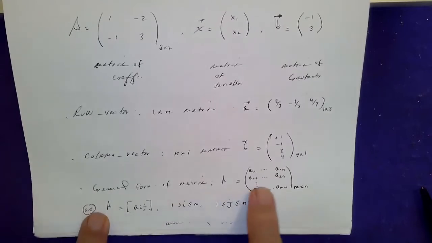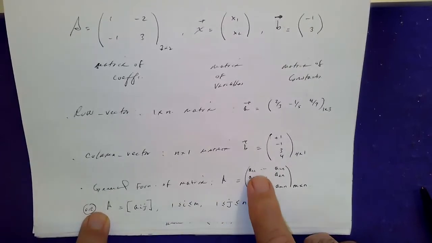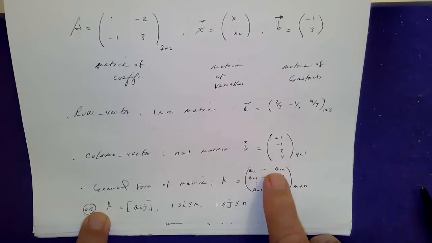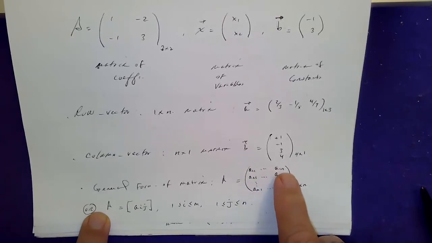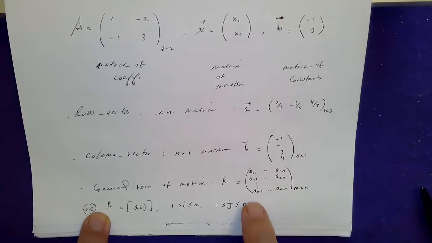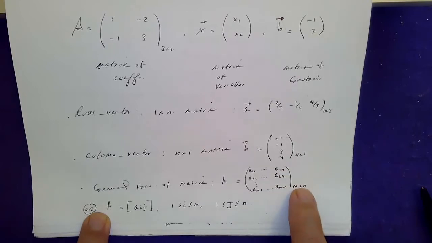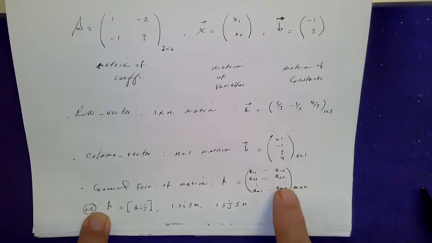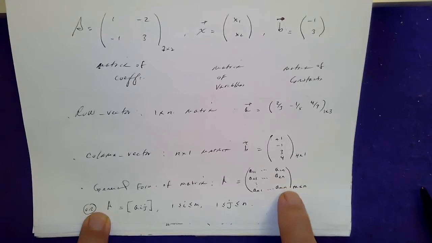The general form of the matrix: the elements of the matrix are denoted by A11, A12, A13, all the way to A1n. Let's say you have m rows and n columns, so the last one would be Amn.